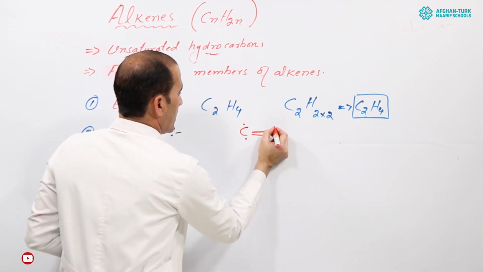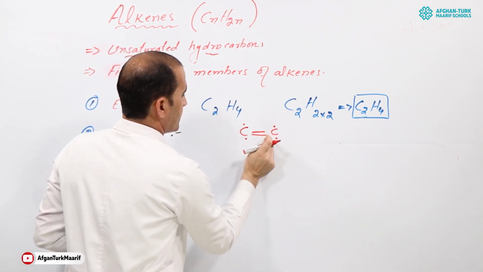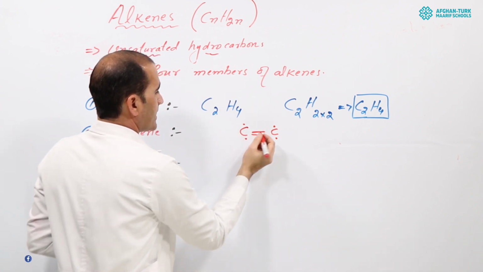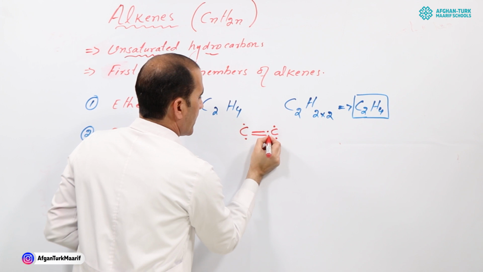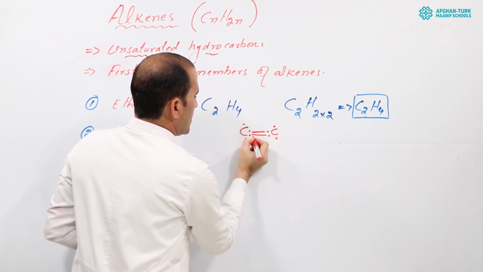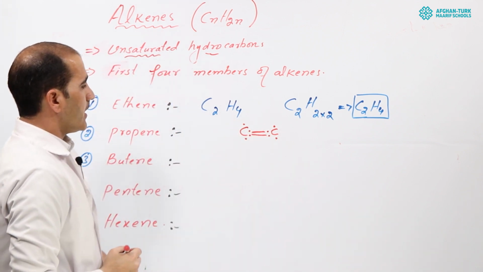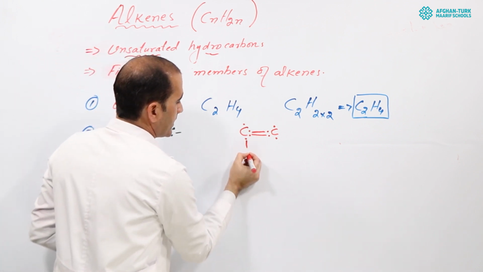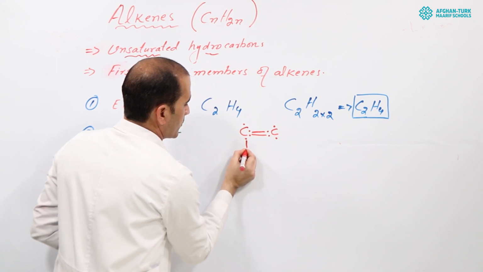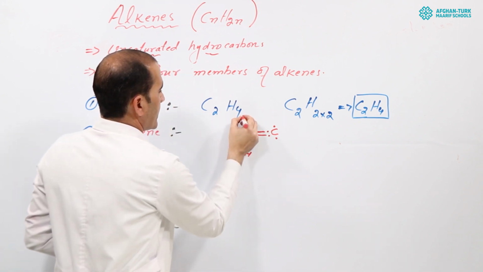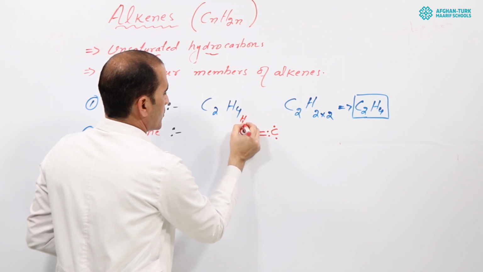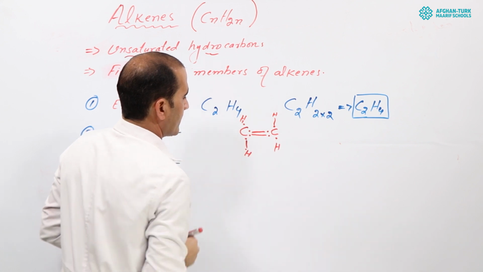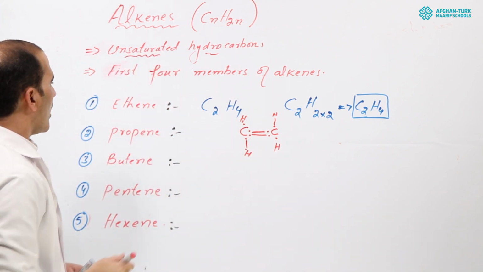Two are shared with the other carbon, so 2 electrons remain on each carbon. Now count how many hydrogen atoms are needed. Each carbon attaches to 2 hydrogen atoms, each sharing its 1 electron with the carbon atom. So this is the structural formula of ethene.